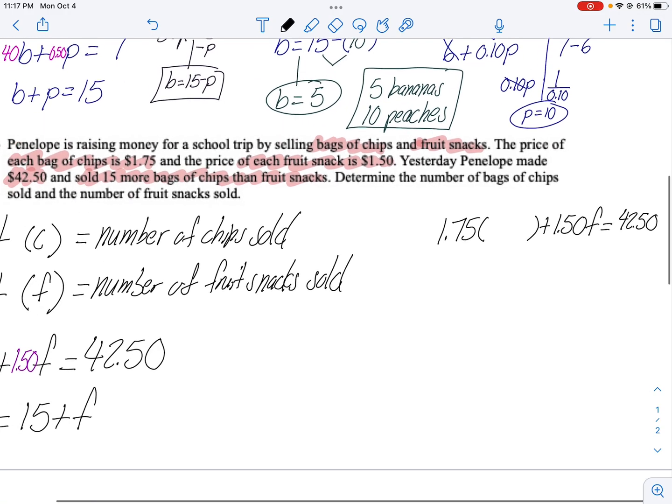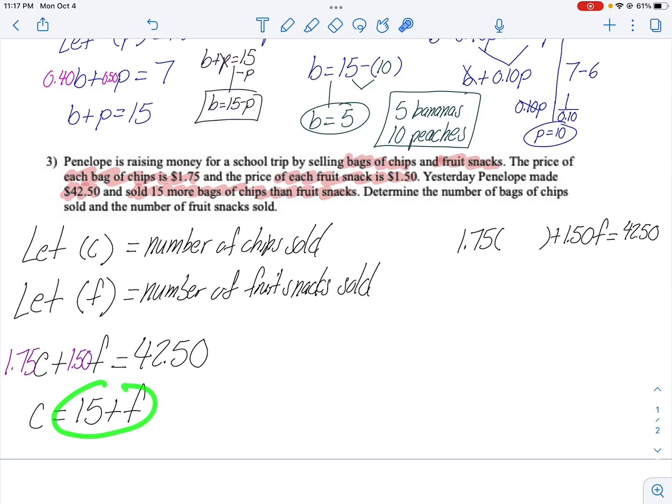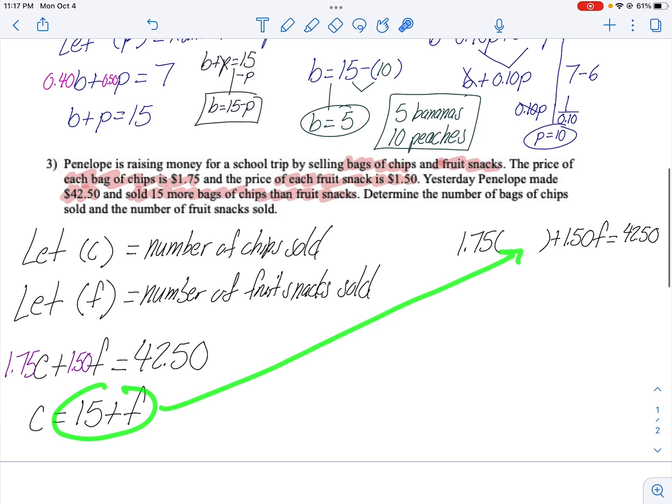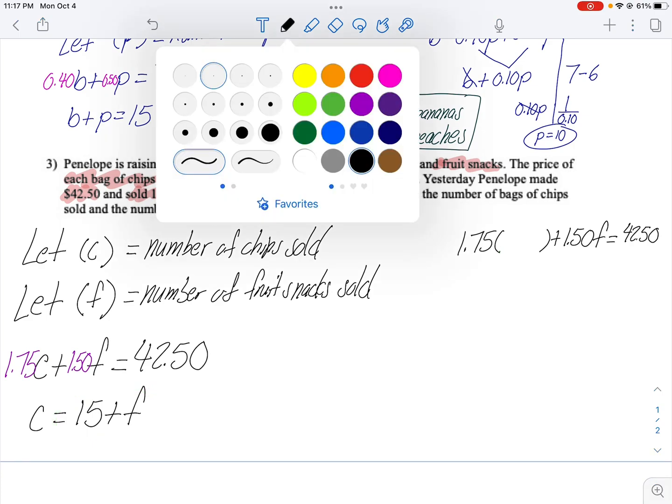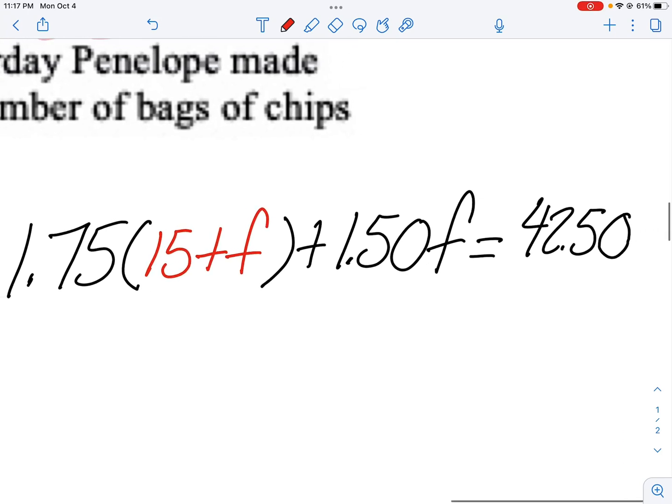So chips, or C, we know is right here. 15 plus F goes right in there. All right. So let's do that. 15 plus F goes right in there.